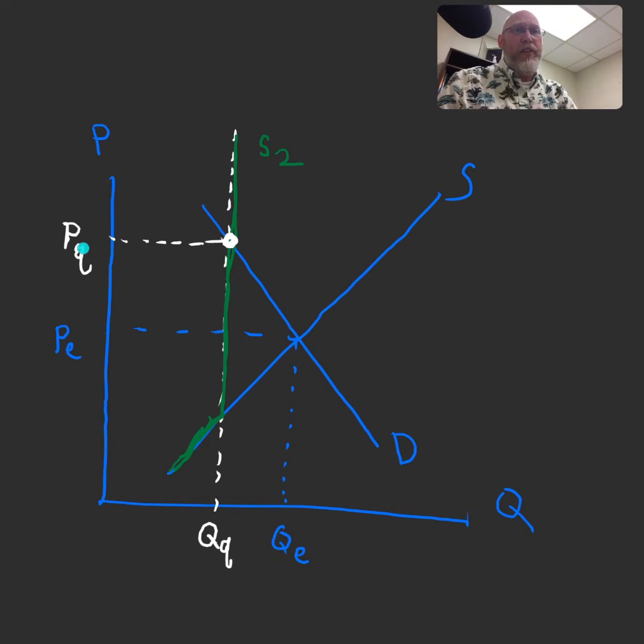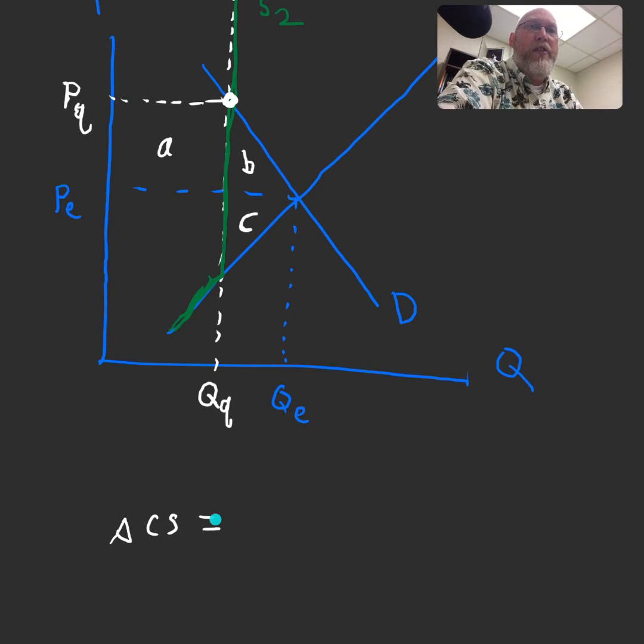And this is a little bit tricky and kind of hard to prove and show sometimes, but what I want to do is call your attention to three areas: Area A, Area B, and Area C. These are the three areas that are of interest to us, and what I hope you will notice is that our consumer is paying more for the product and getting less of it, which means they've lost out.